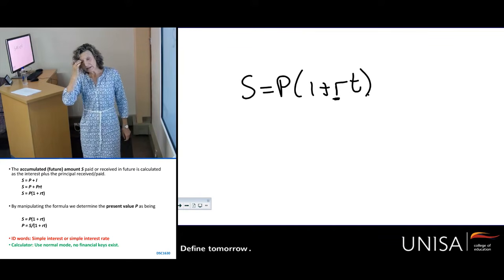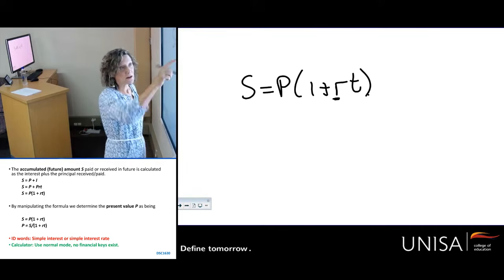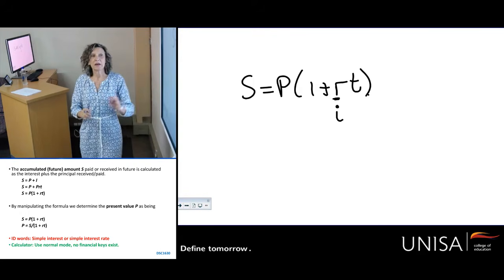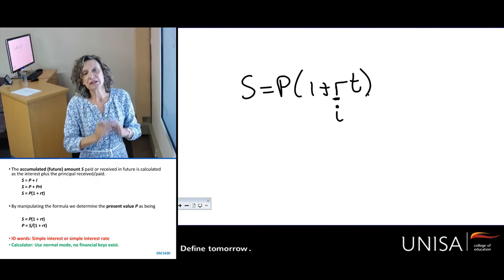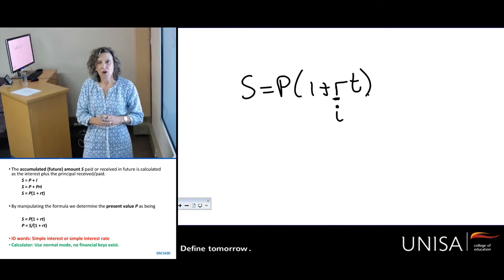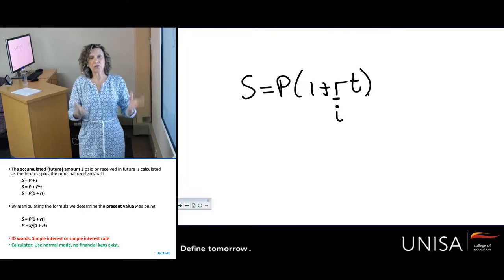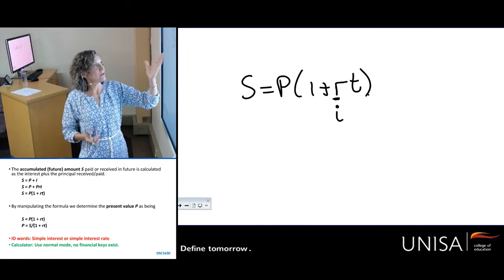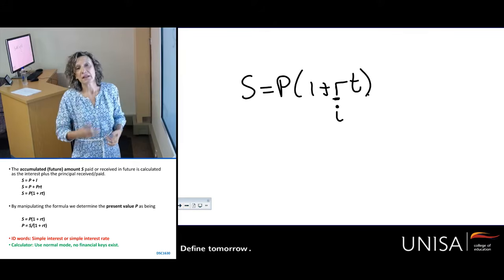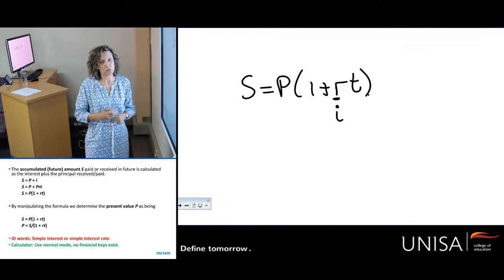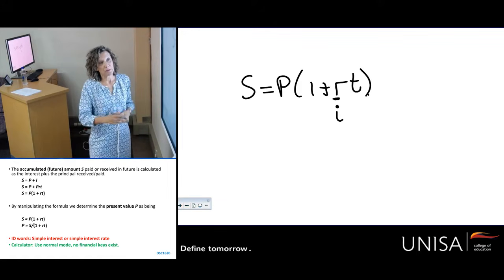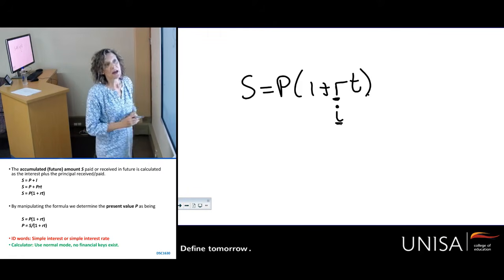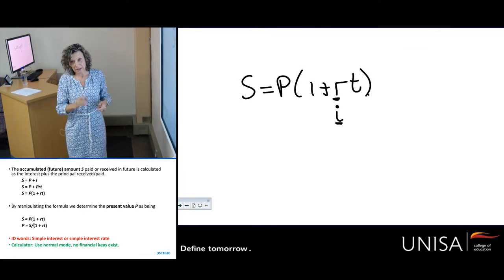You will find in some textbooks that instead of R, they use I. It's the same thing. Remember, these little letters are just little boxes or placeholders for your values. So to generalize it, we use alphabetic characters, S, P, R, T, that normally have a specific value assigned to them. So remember, R can also be expressed as I, and they call it the simple interest rate in this instance.